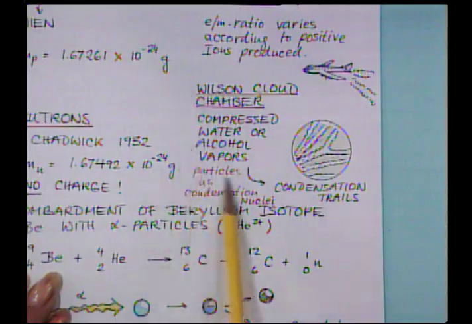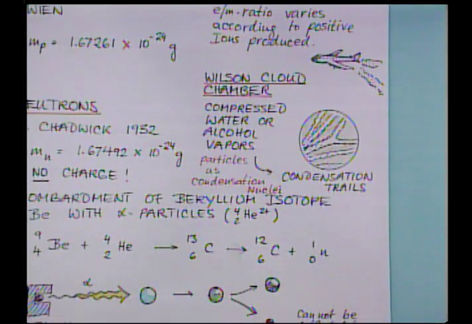And this neutron, now how are you going to detect it? Because it's neutral, it's evasive. So the trick was to use a Wilson cloud chamber. This is a wonderful device. I don't want to get into that too much, but it uses the condensation nuclei property of attracting moisture.